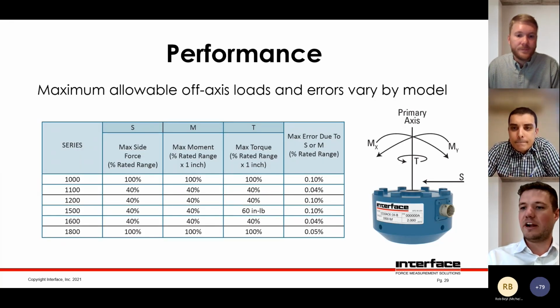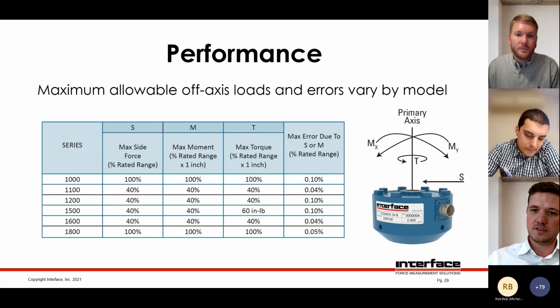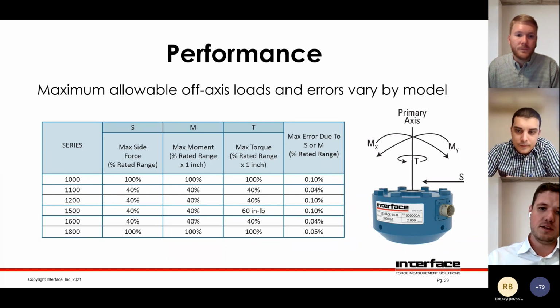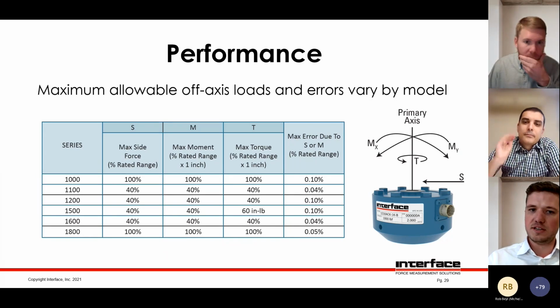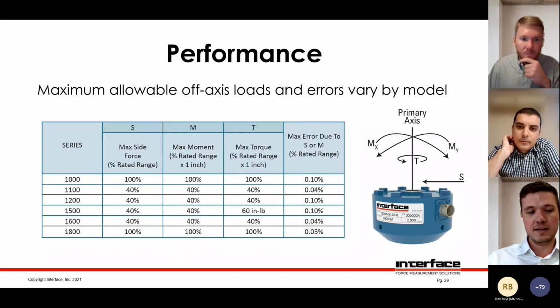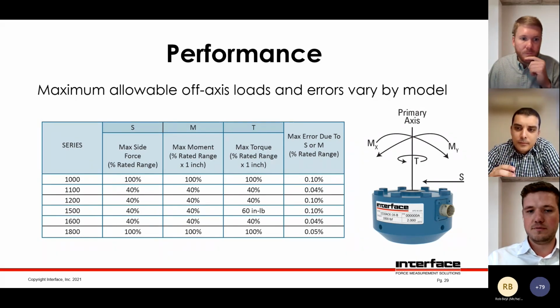One of the great things about understanding all of this moment compensation is that it can be characterized, and you can see there we've got some data on the performance of the load cells at different off-axis loads. You can see the maximum error is very small, somewhere between 0.05% and 0.1%. So that's far above what most of the interface competitors can do with their load cells and off-axis performance.